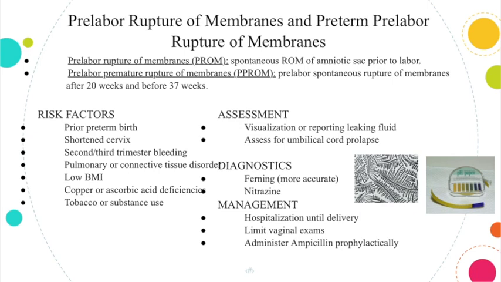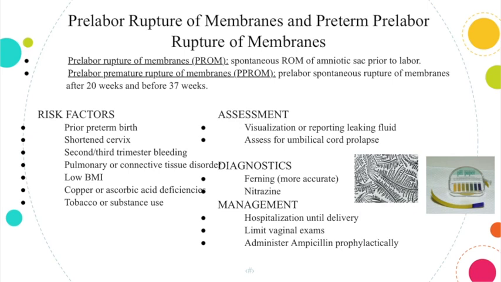If we have a prior preterm birth, people with a short cervix, any second or third trimester bleeding can increase their risk of developing premature rupture of membranes. So what's going to happen? Your patient's going to either call their physician or show up at the hospital thinking that their water has broken, regardless of gestational age. You cannot diagnose this without coming to the hospital or going to the doctor's office. You can't do it at home.